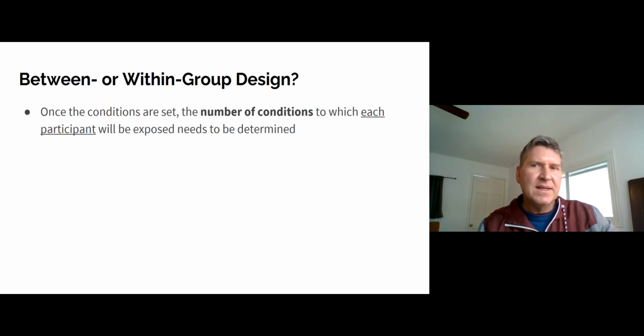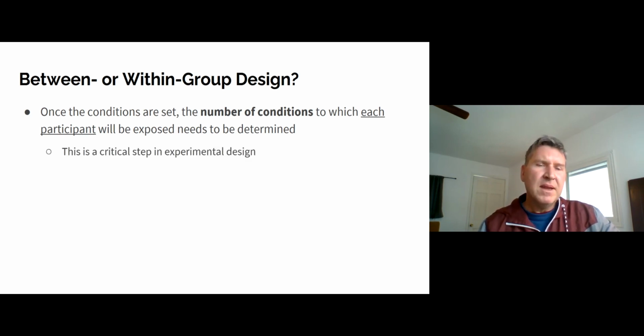One design is to have each participant try out each of those 3 and then time them on a task. Another one is to divide each of the participants or units, human subjects, into 3 different groups. And each participant would only have to do a task using one of those 3 keyboards. So that is what we're going to use to determine whether it's a between or within group design.